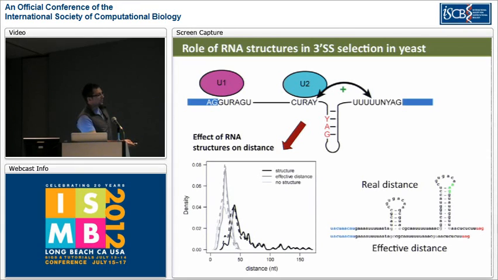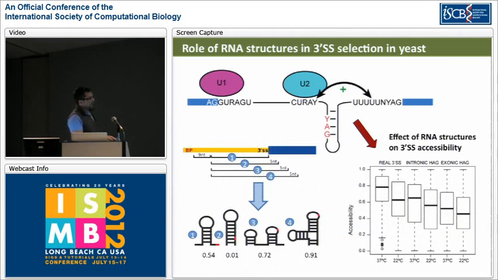If you cut out the structure and calculate the effective distance, you can show that the effective distances are similar to the distances in the introns without a structure. So you may say, okay, but this happens to any sequence. The longer the sequence you take, there is always a structure. But the maximum effective distance is significantly different. So real introns tend to bring the branch site and 3' splice site closer than random sequences.